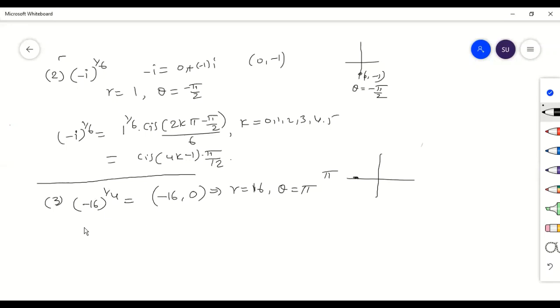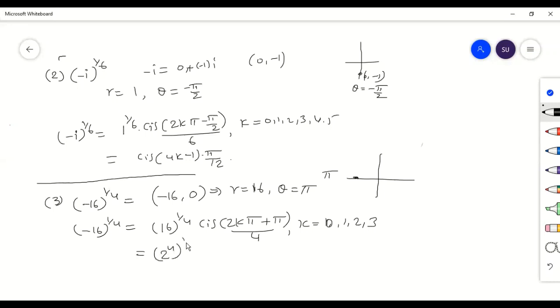Now substitute in the formula. (Minus 16) whole power 1 by 4 is equal to r, which is 16 power 1 by 4, cis of (2k pi plus pi) divided by 4. K is equal to 0, 1, 2, 3. Now 16 means 2 power 4, so (2 power 4) whole power 1 by 4.